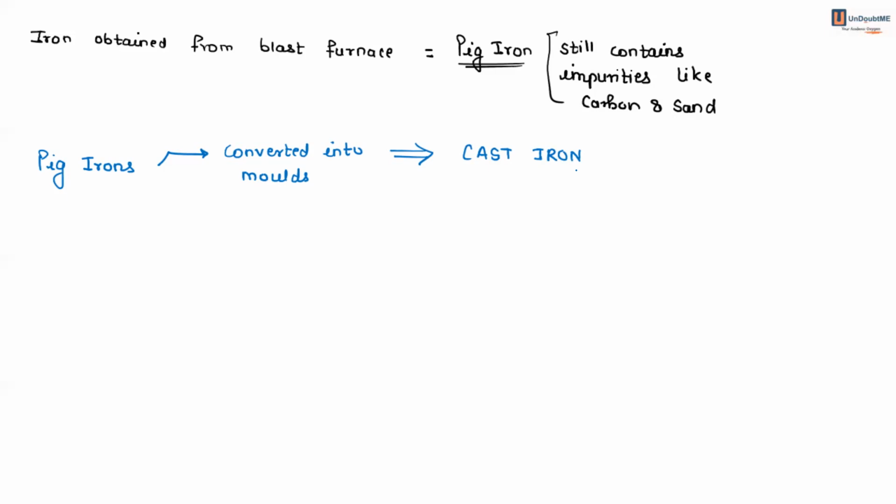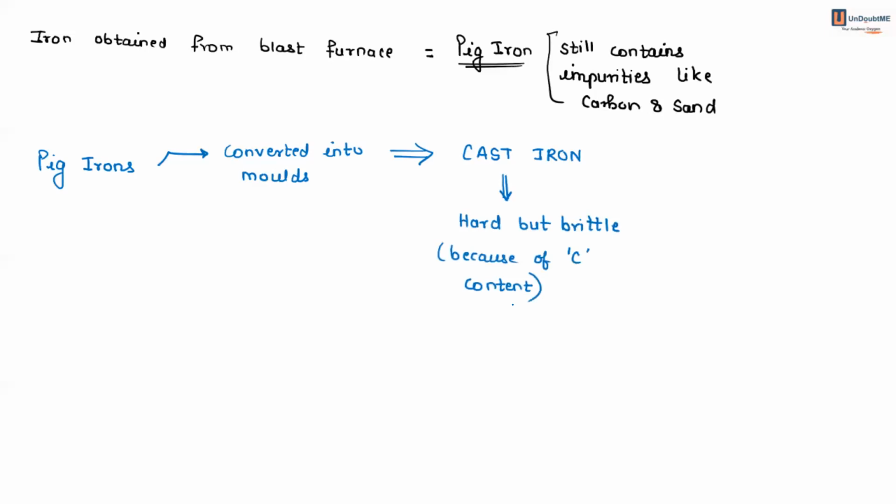Now, what is the peculiarity of cast iron? Cast iron is hard but brittle. Why is it brittle? Because of carbon content. The more the carbon content, the more brittle the iron will be.